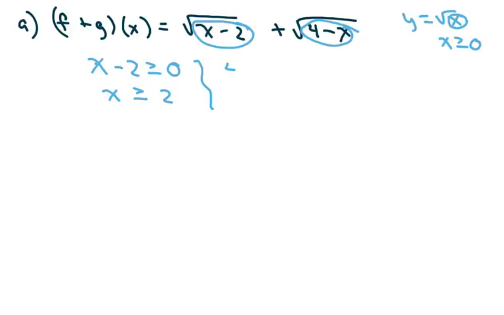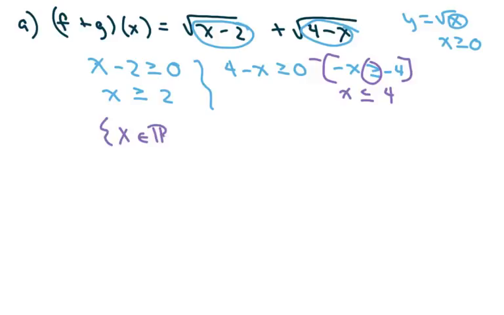For this piece, we have 4 minus x is greater than or equal to 0, which means negative x is greater than or equal to negative 4. When you negate this, you flip the inequality, so x is less than or equal to 4. The way you would write this is x is all real numbers such that x is greater than or equal to 2 but less than or equal to 4. That's the best way to write that.